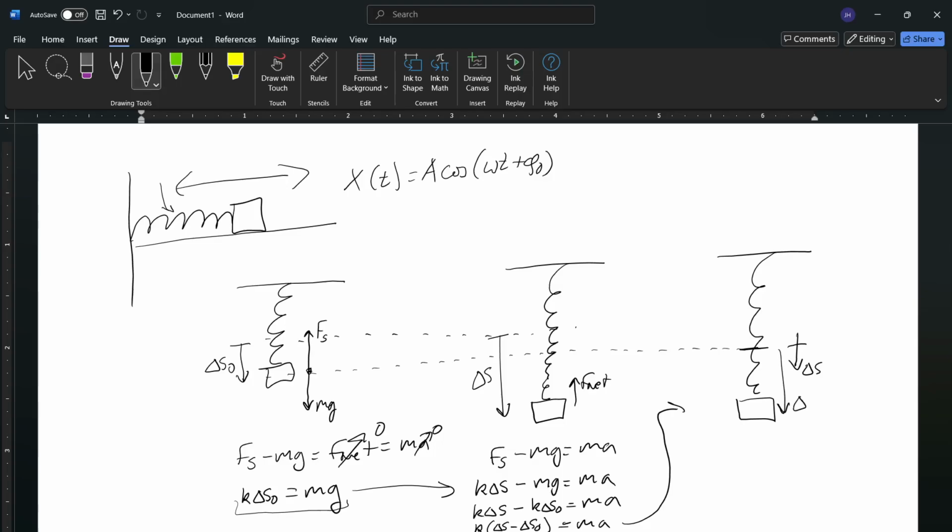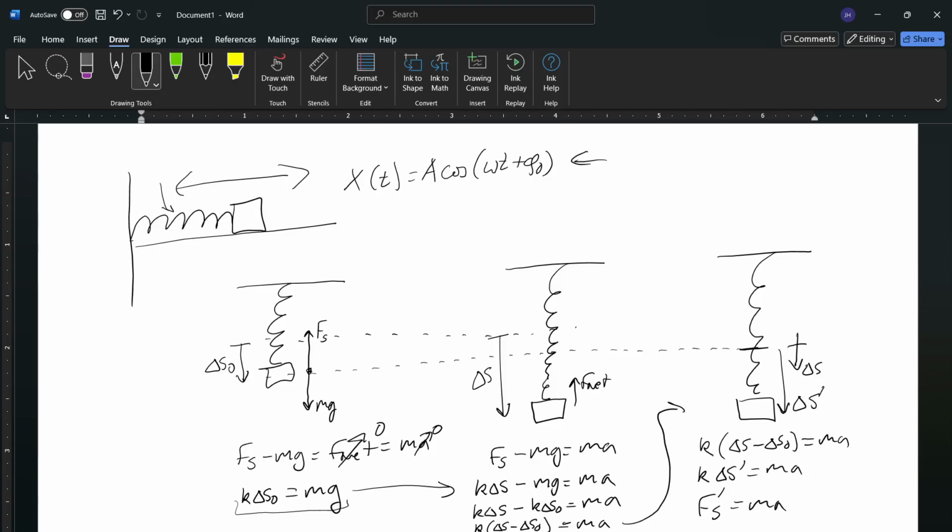So this displacement, which I'll call delta S prime, gives me this equation: delta S minus delta S 0 equals ma. That's just the difference between the true delta S and the initial stretch.